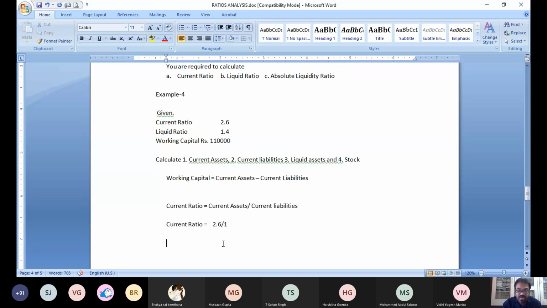This is correct, because you always assume current liability as one time against the current assets. So whatever information is given, you assume that is the current assets divided by 1. So 2.6 are the current assets against one current liability.